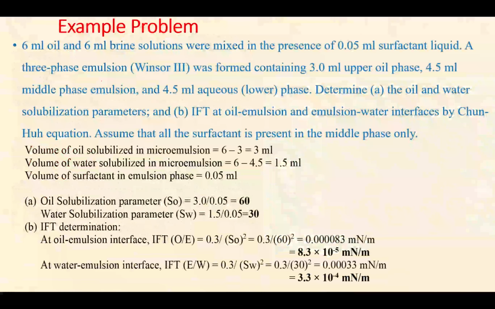Now let's go to a typical question. Say around 6 ml of oil and 6 ml of brine solution were mixed in the presence of 0.05 ml of surfactant liquid.